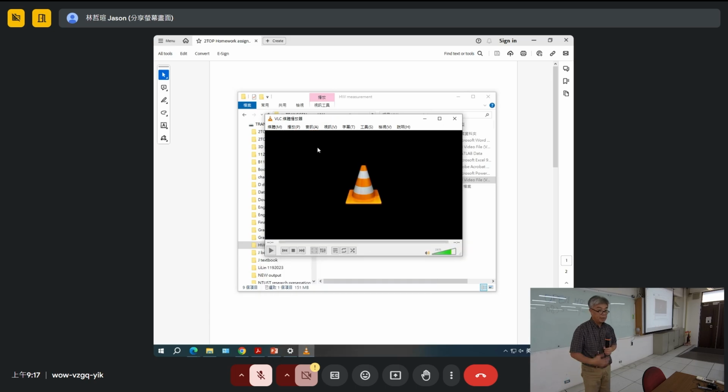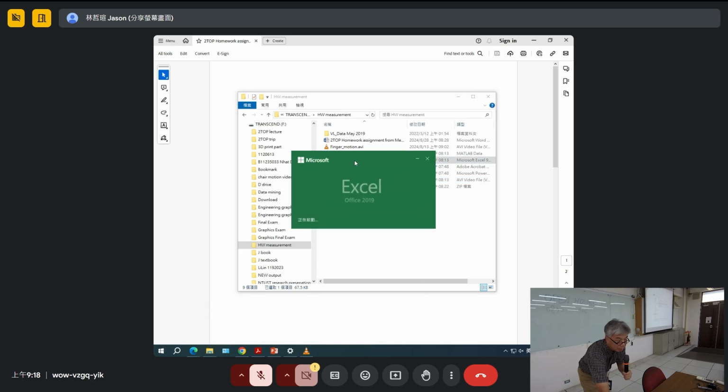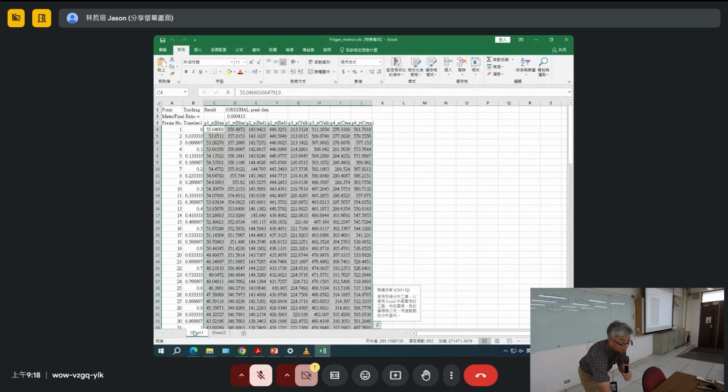Then using that software, I tracked the displacement or position of 4 points in that video. Eventually it will spit out this Excel. The first page is the position. I tracked 4 points, so I have blue points, red points.